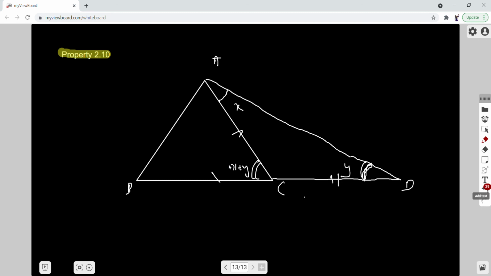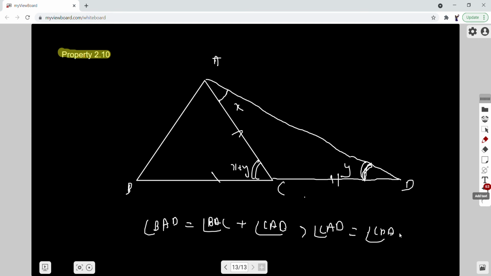Angle BAD equals angle BAC plus angle CAD, which is greater than angle CAD, and CAD equals CDA, which is nothing but BDC.